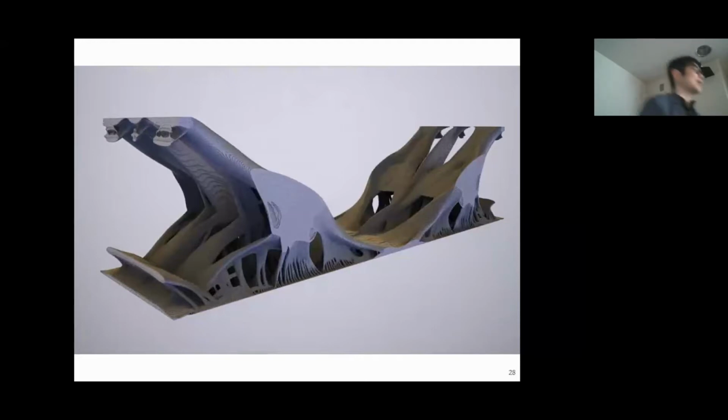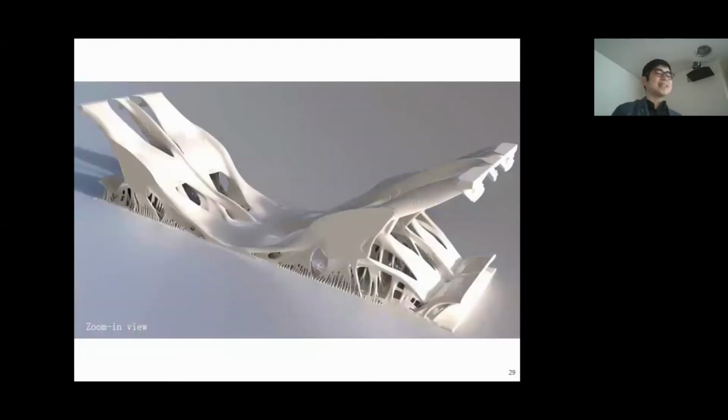So this is another example, a bridge example. Basically, we fix the two sides and we apply a force on the bottom, and we want to optimize the bridge structure that can hold this load by specifying the boundary condition. And this is some bridge structure that we have never seen with the current state-of-the-art topology optimization tools before entering the resolution of billions of computational voxels.